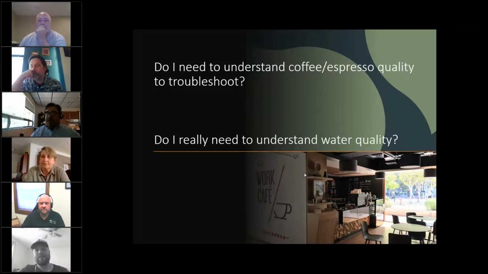If you understand extraction and how an espresso puck looks, you have a good visual understanding of what you're looking at. If you don't have that, you're throwing away part of your natural ability as a troubleshooting technician. It's extremely challenging to understand why something is happening if you don't understand the process to begin with. So I think it's absolutely necessary to understand coffee, at least to some extent, even if you don't like it.